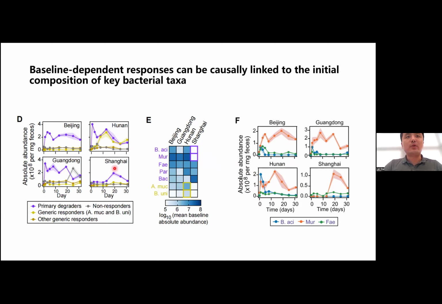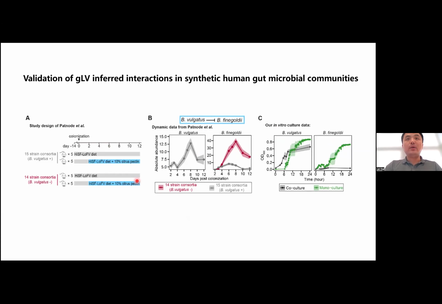I forgot to mention that in the Shanghai group, because they lack the responders, their absolute microbial abundance is quite low compared to other baselines. So these illustrate that the different baselines, because of their differences in microbial composition, influence their response to inulin.